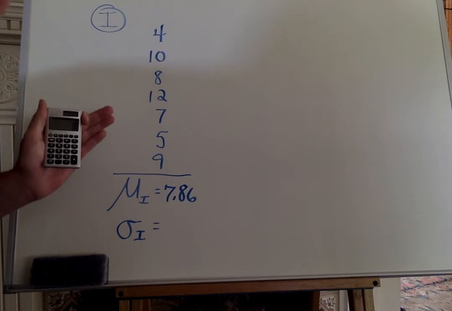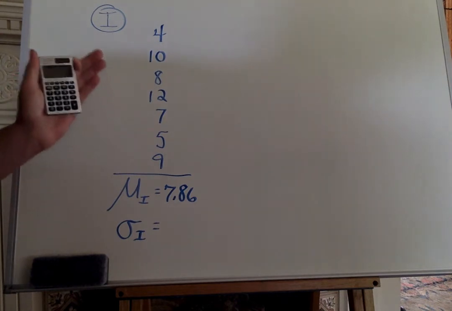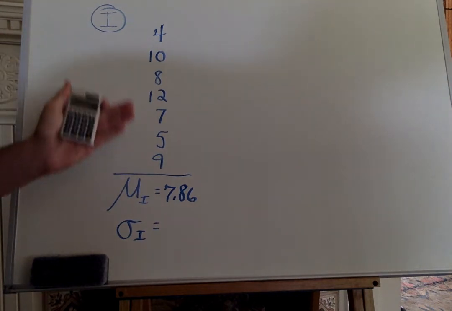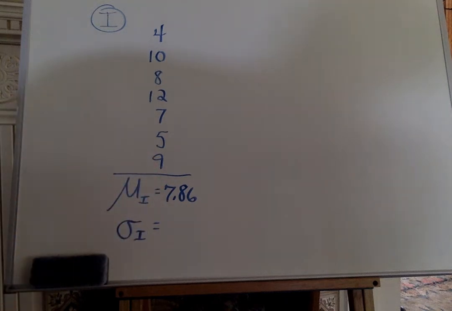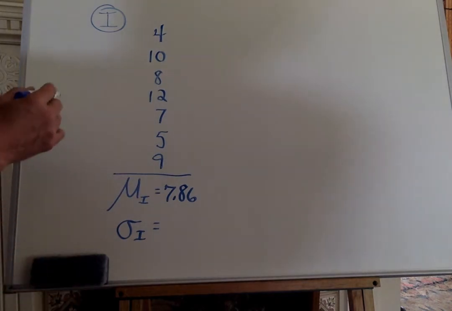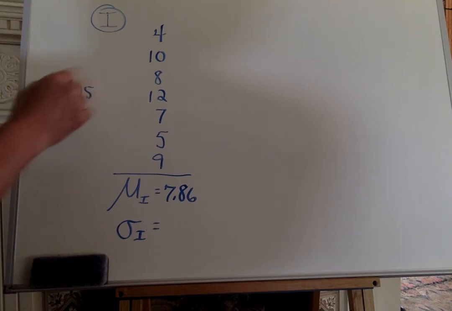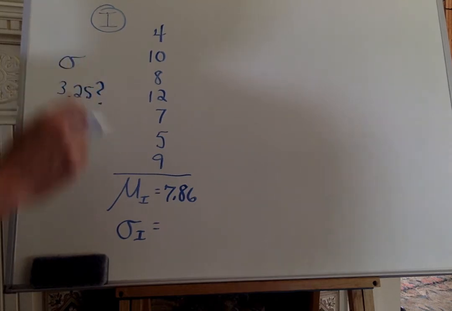Now I'm going to ask you to guess what the standard deviation would be. Here's the mean. What would the standard deviation be for this group of scores? My guess is going to be something like maybe 3.25 for sigma.